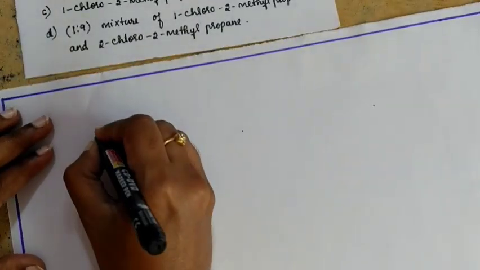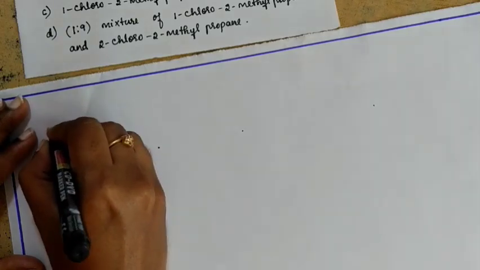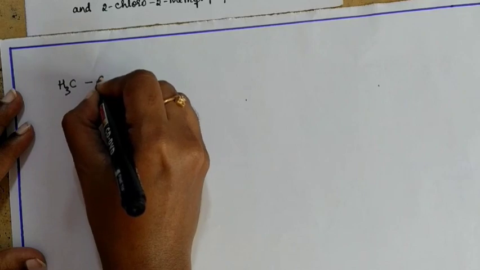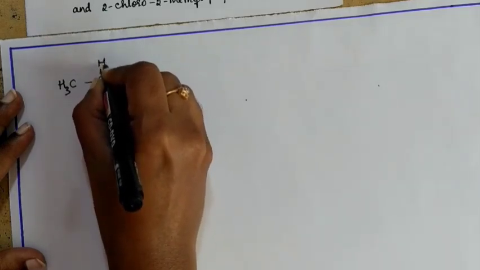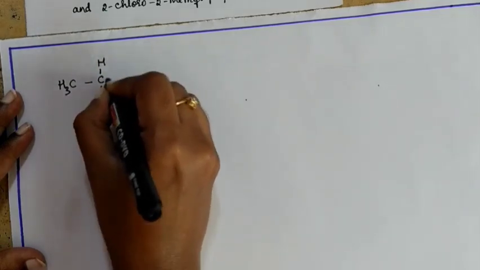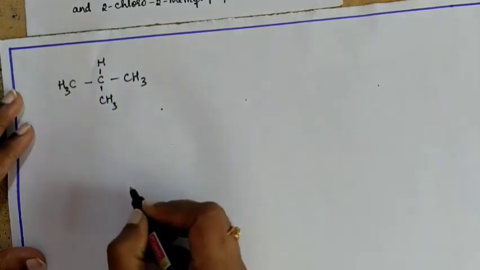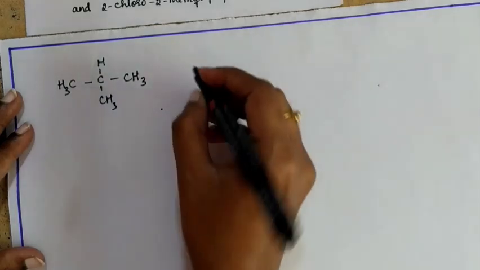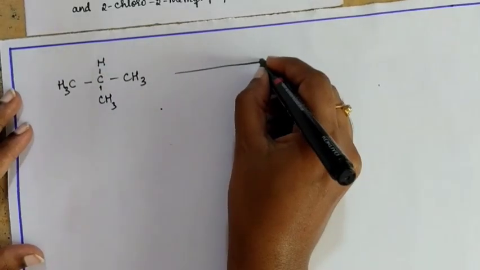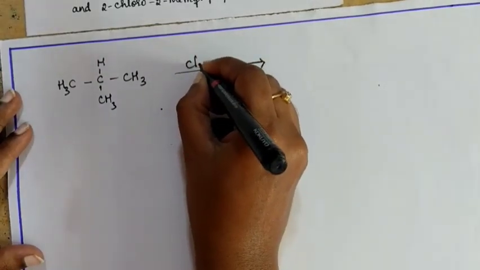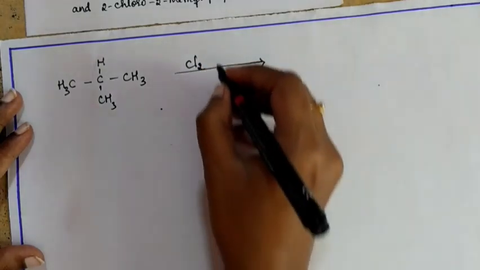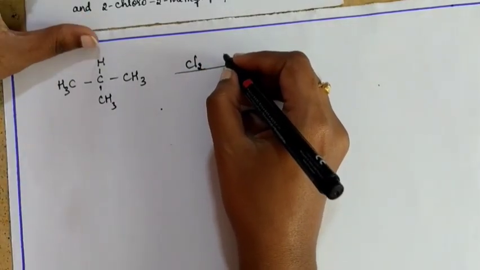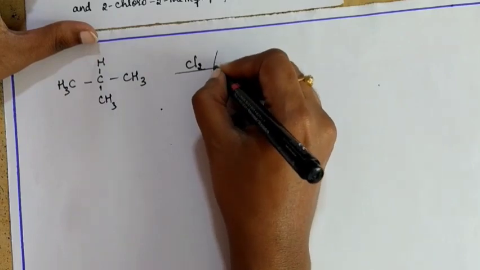Let us write 2-methyl propane, that is CH3, CH3, CH3. It is 2-methyl propane and it is undergoing monochlorination. That means addition of chlorine under photochemical condition. Photochemical means in the presence of light.